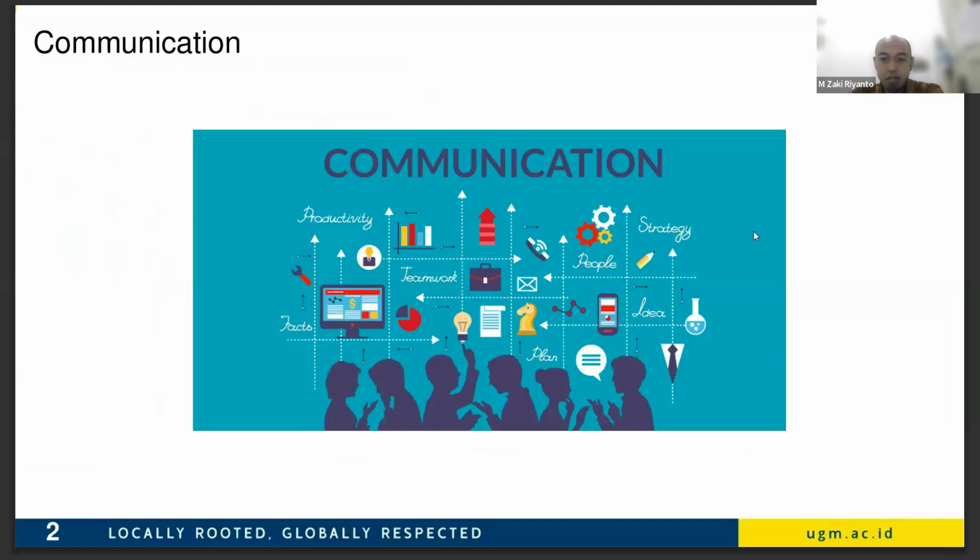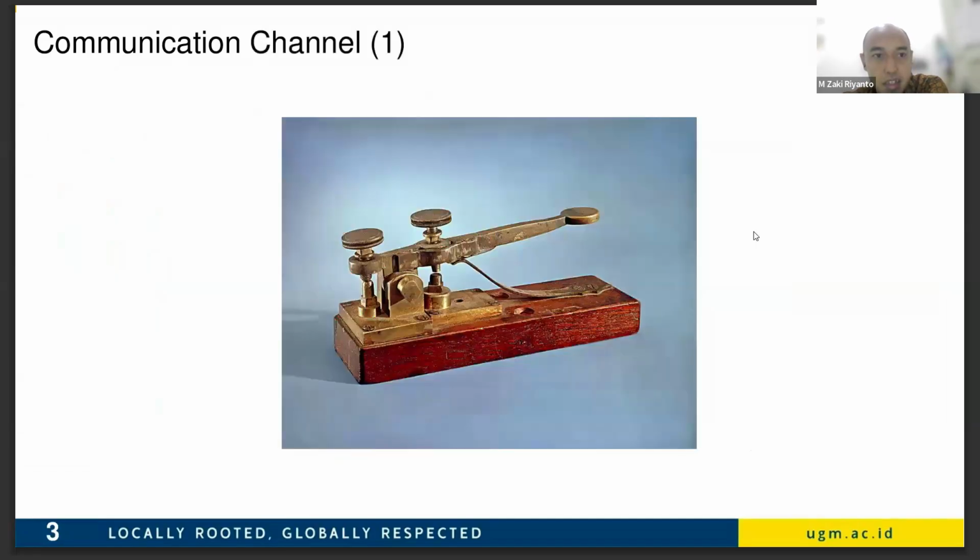As humans, every day we communicate with each other by many communication channels. In the past we used the telegraph to communicate with other people, especially over long distances.